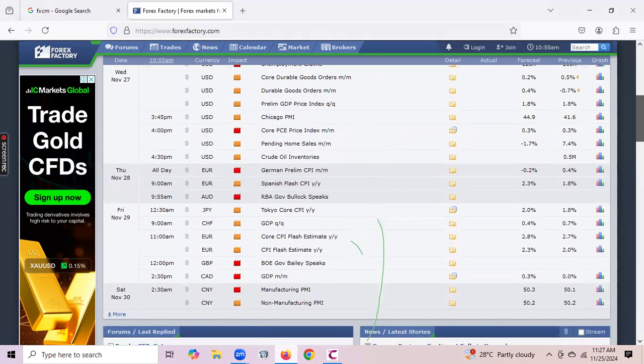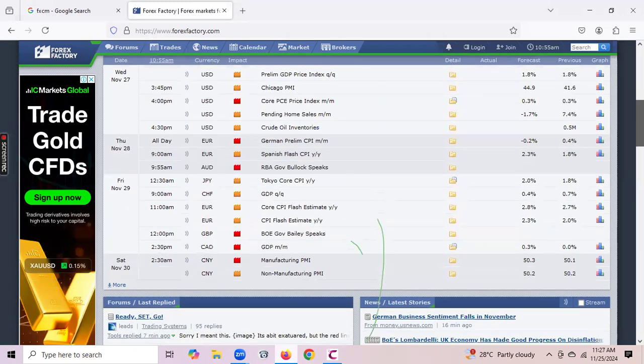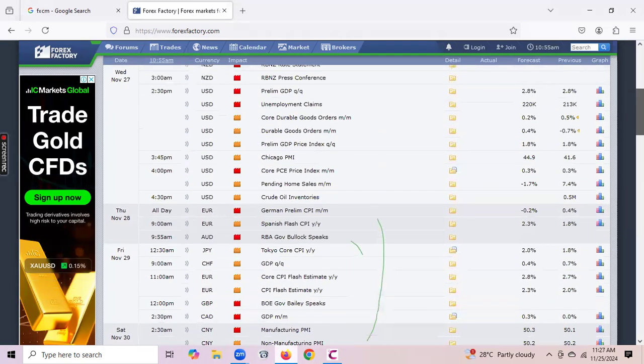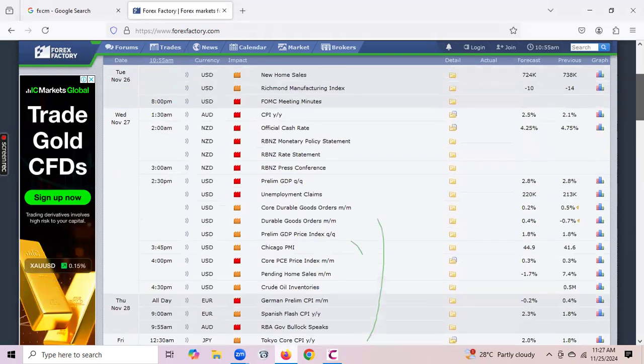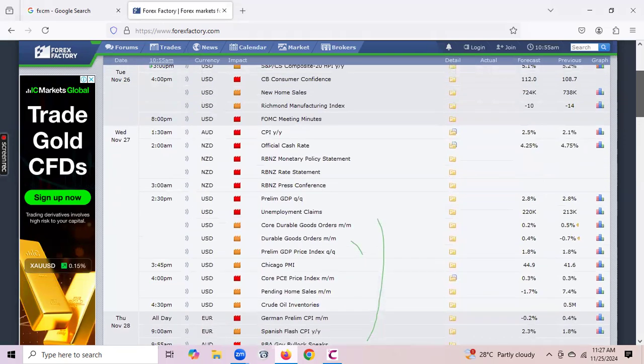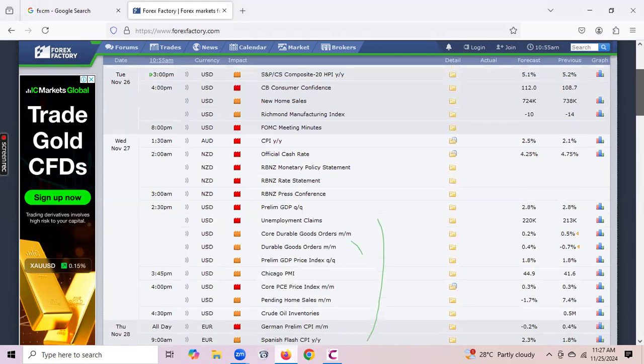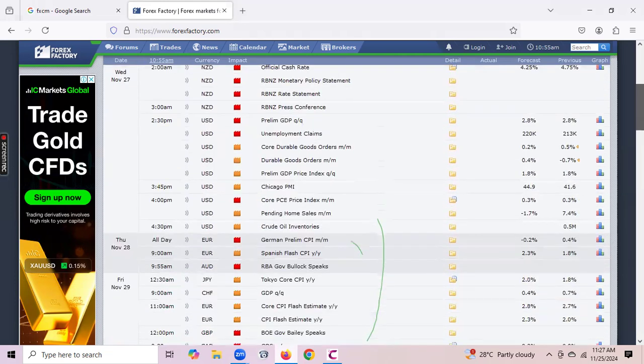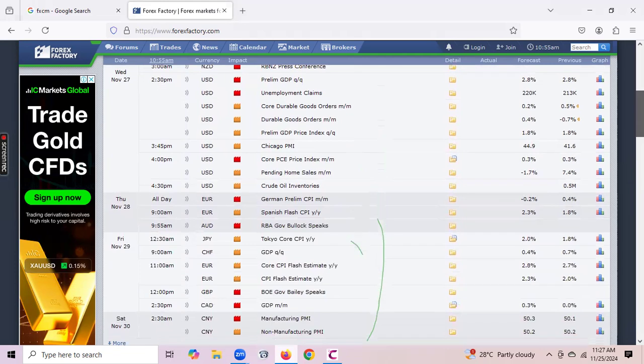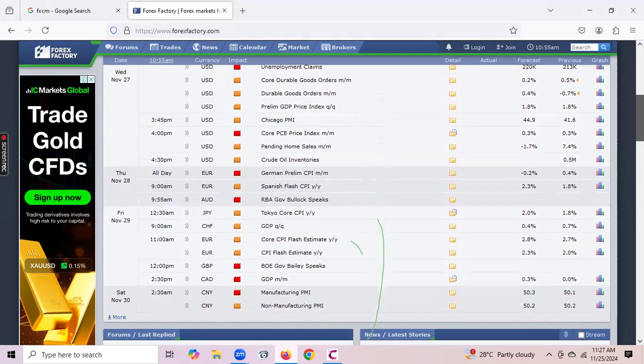Thursday, no FOMC. Okay, prelim GDP and unemployment claims are on Wednesday. Then on Thursday, no major news for the dollar.